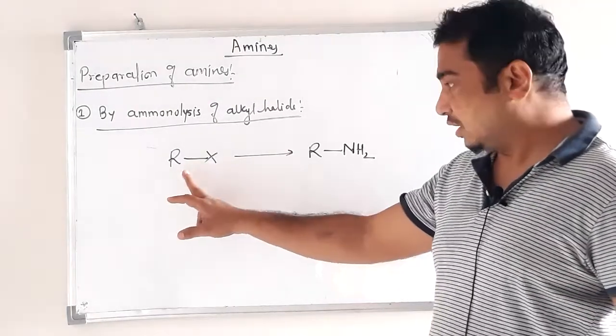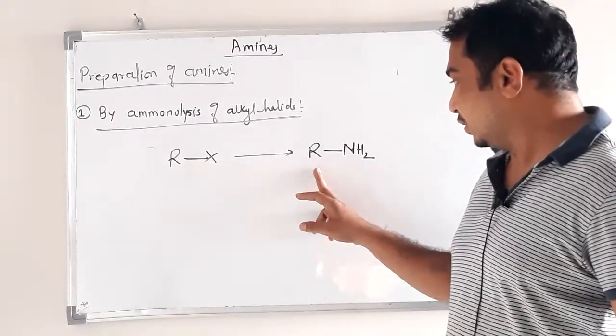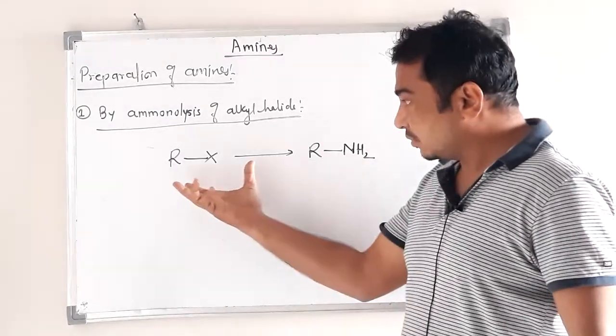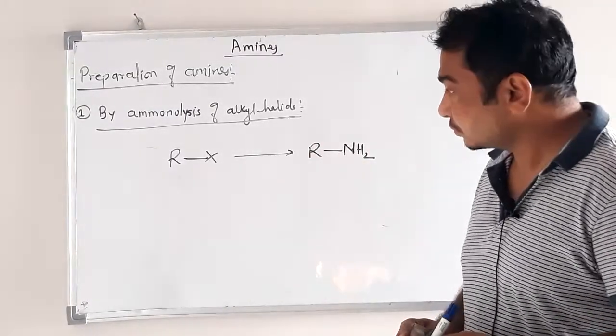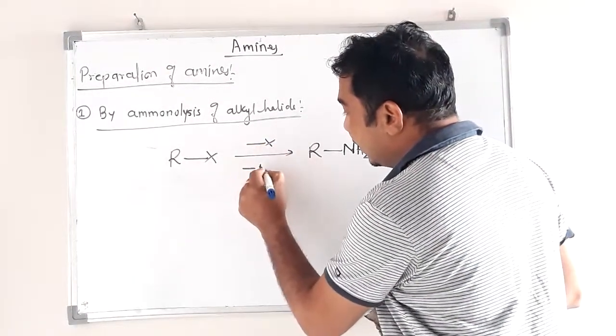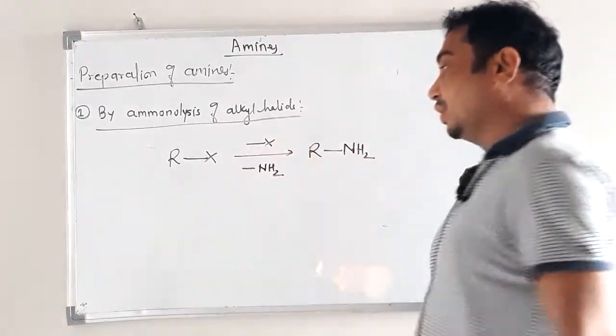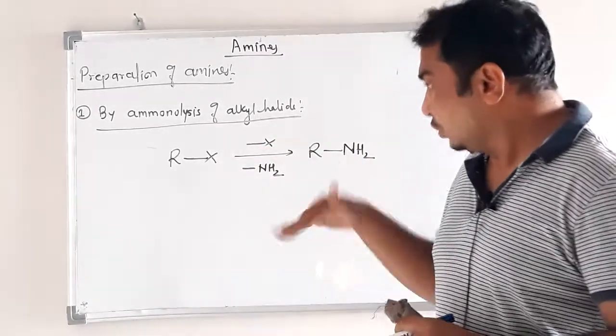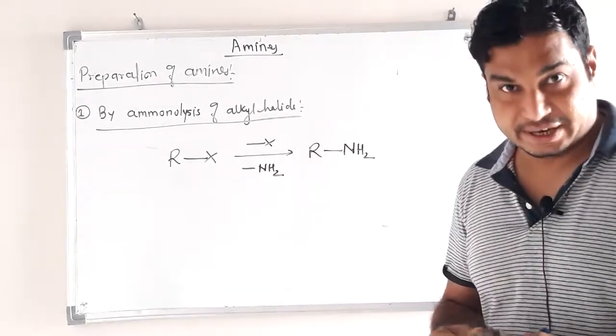RX means alkyl halide getting converted into R-NH2. What changes occur in this reaction? In this reaction the halogen atom gets replaced by the NH2 amino group, which means it is just a substitution reaction, and it is a nucleophilic substitution reaction.